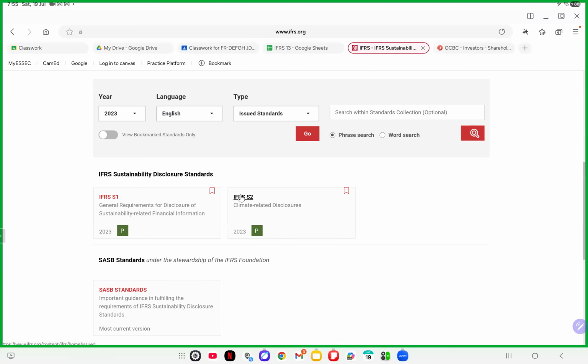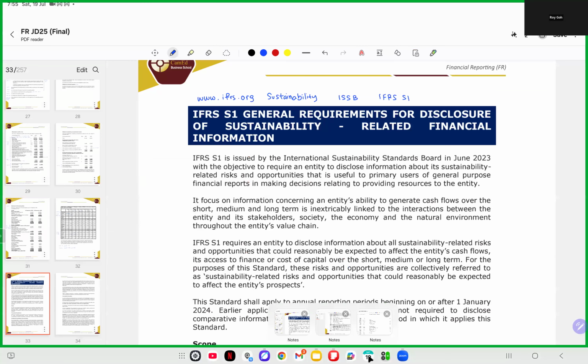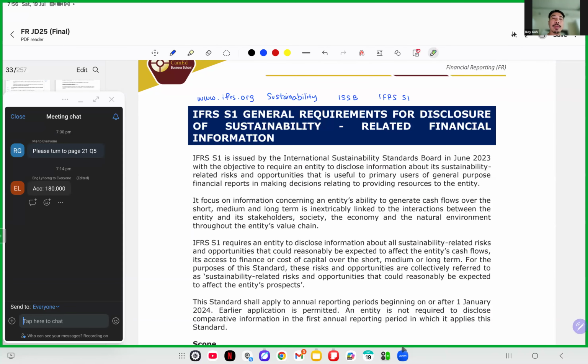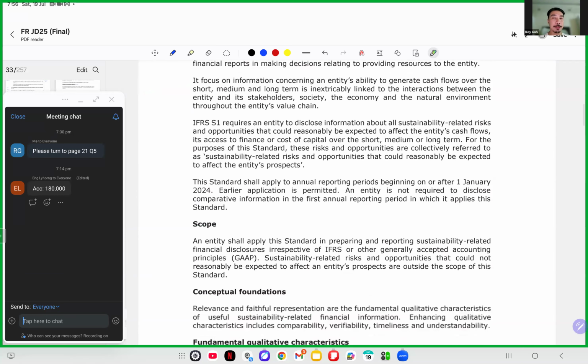But you are studying FR, you only learn S1, but you don't learn S2. Now we go back. So that if you are curious and you wish to know who writes the sustainability standard, the answer is very clear. It is by the ISSB.